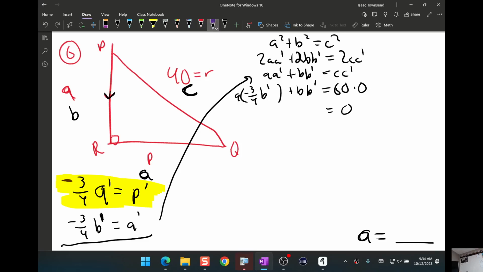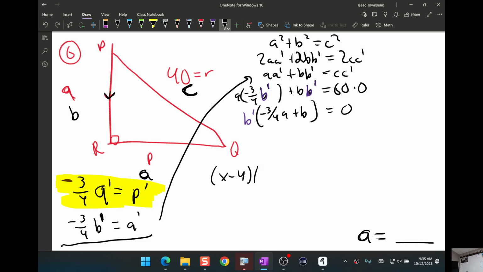And that doesn't immediately look helpful, but now this term has a B prime and this term has a B prime. So if both terms have a B prime, I can factor out that GCF. And to me, this is pretty easy to see how to move forward here, but you guys aren't used to seeing it this way.